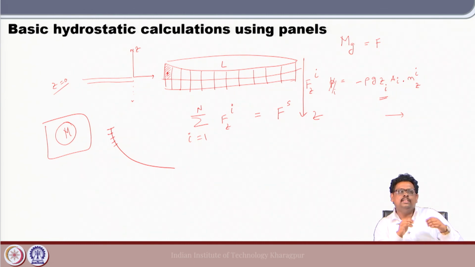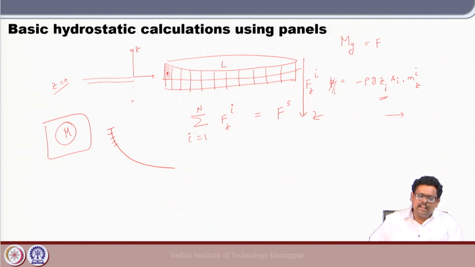So normally we use some 800 to 1000 panels for modeling the geometry. When you do that, the first effect is that if you try to calculate the area or volume under that body, it cannot be the same. It does not affect the hydrodynamic side, but it has an effect from the hydrostatic point of view.